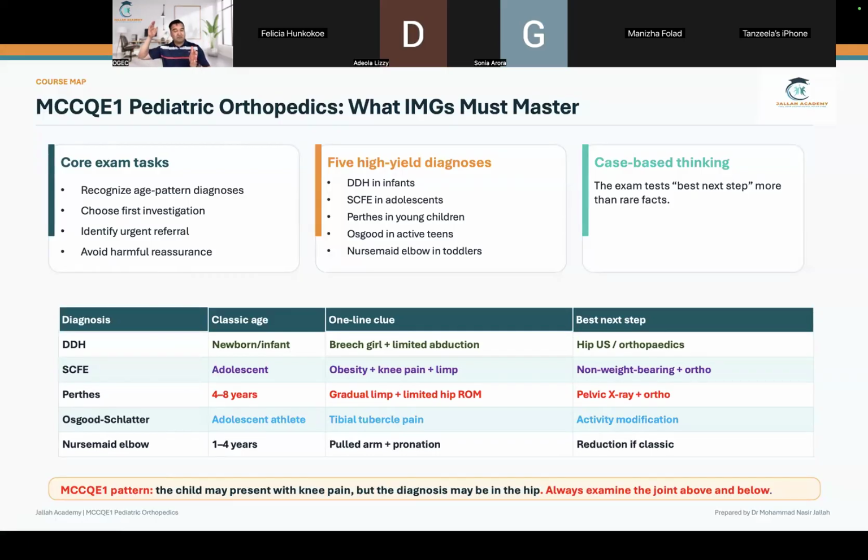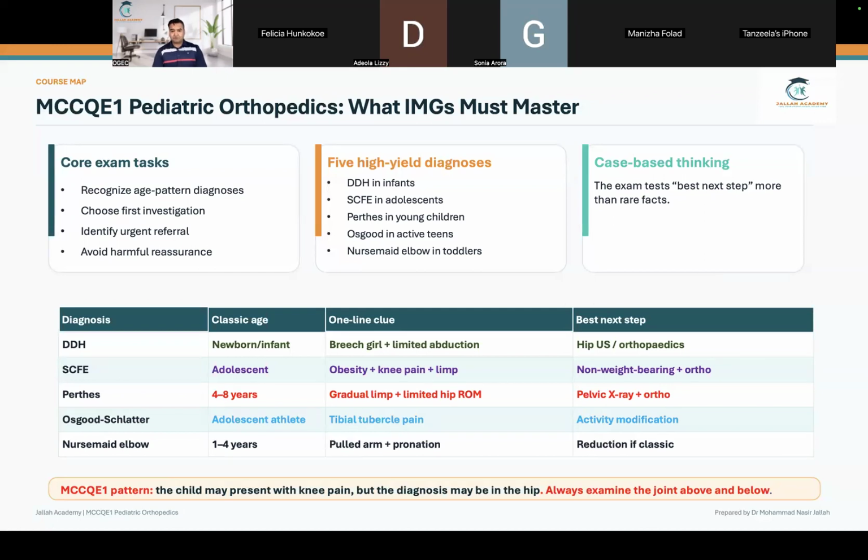If it happens beyond 6 months or beyond 9 months, then you know what to do next. Not only in terms of investigation, should you do escalation in terms of treatment or management, or you should just do the investigation and wait for the result to come back. So age is a very, very important point of the scenario. You cannot miss out on that.